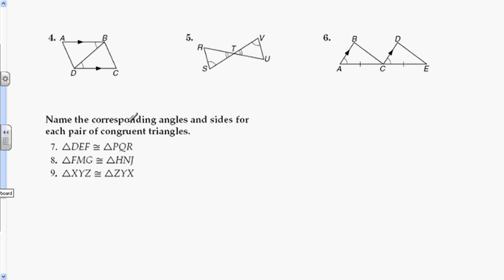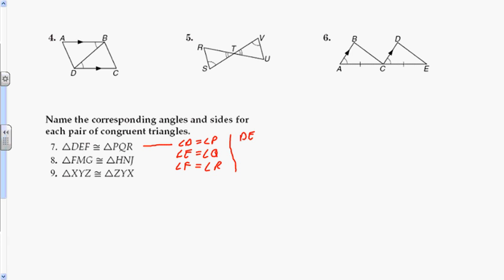Then you have congruency statements. What are the corresponding angles and sides? So as we said before, we have angle D equal to angle P, angle E equal to angle Q, angle F equal to angle R, and those are the angles. Then you can do the sides.